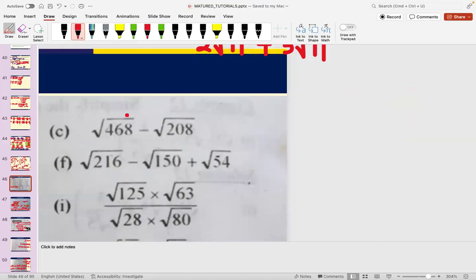Any suggestion before I say what I want to say? How do we break 468 down? Who has an idea? Please, question again. Yes, I'm asking that. How do we break 468 down into two numbers where we can find the square root of one to come out? Okay, nice.